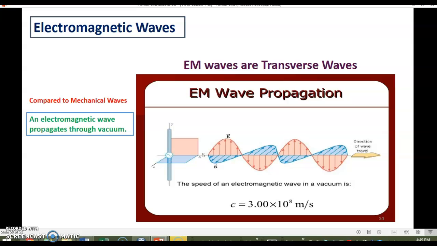Now comparing the electromagnetic waves to mechanical waves. Here when we say electromagnetic and mechanical, this means that these are two waves of different natures. So the difference between these two waves is that electromagnetic waves can propagate through vacuum. And the evidence is that the electromagnetic waves produced by the sun can propagate through the vacuum and reach us on Earth.